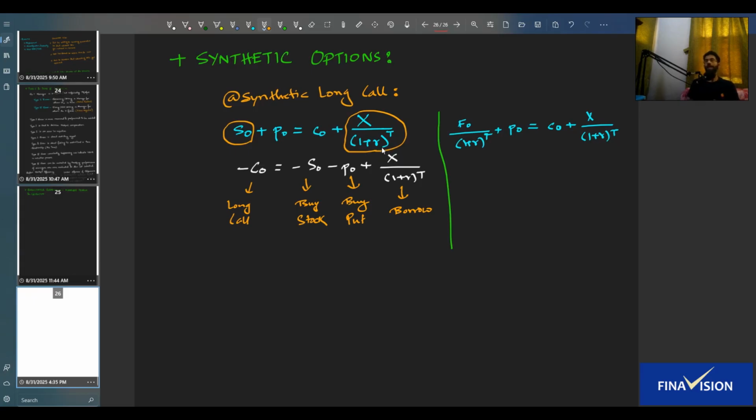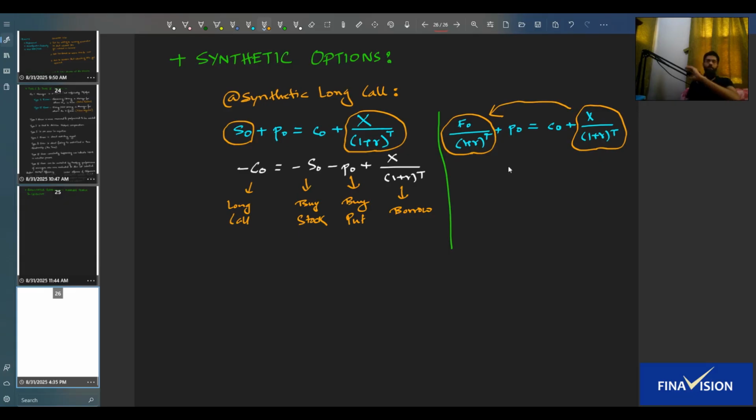The cash flow only happens at the end of the contract term. So there is no upfront cash flow in this case, which means the borrowing or lending amount here is also not upfront. It can be ignored. It is incorporated within this forward contract.